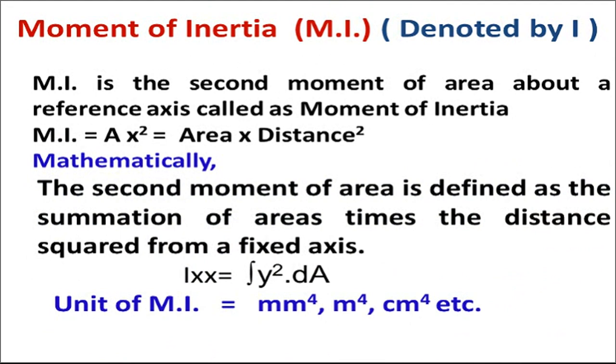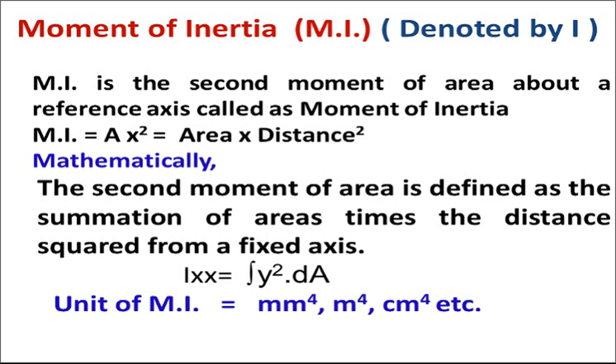Now moment of inertia, you have already discussed in first year in mechanics. So what is moment of inertia? Moment of inertia is nothing but the second moment of area. In simple language, the second moment of area about any particular axis is called moment of inertia.